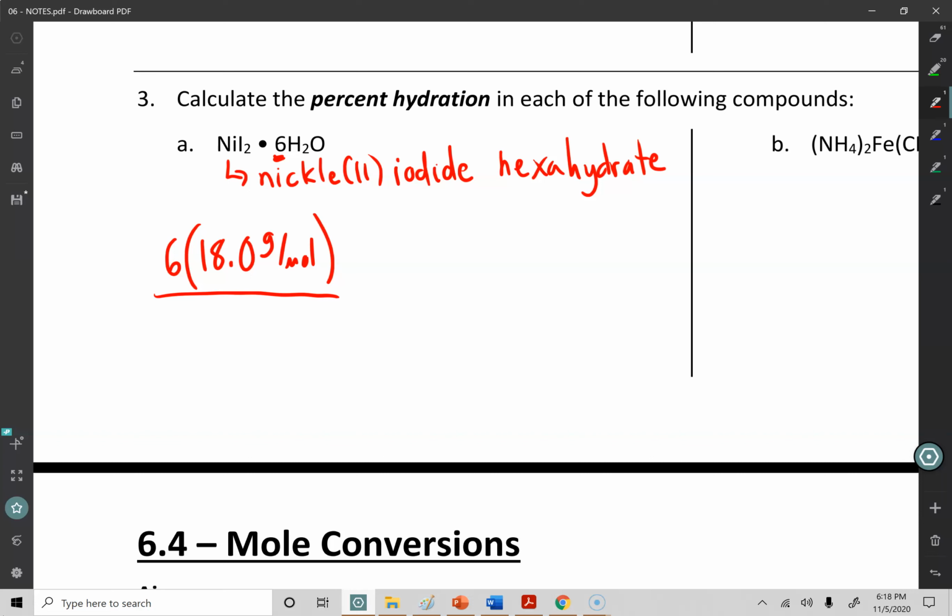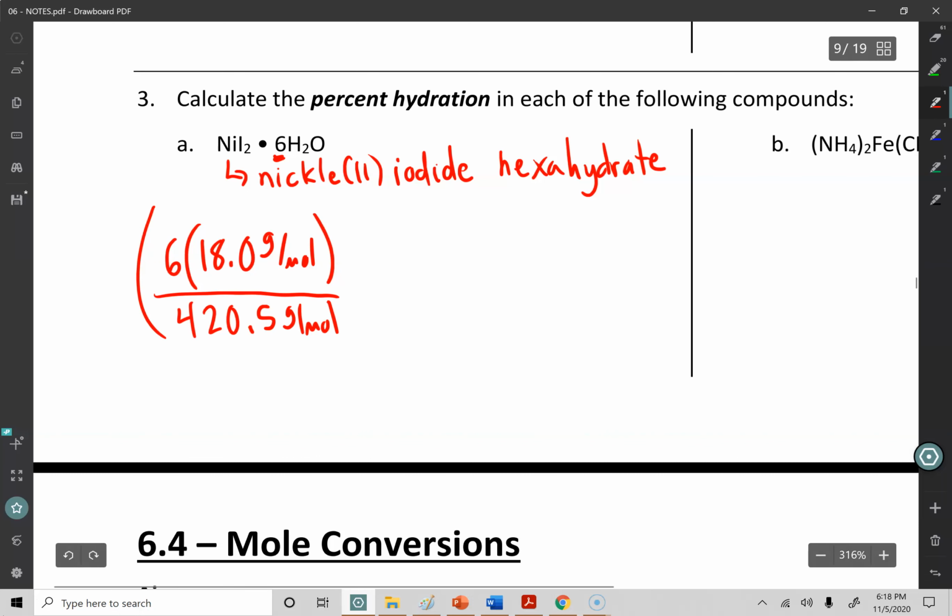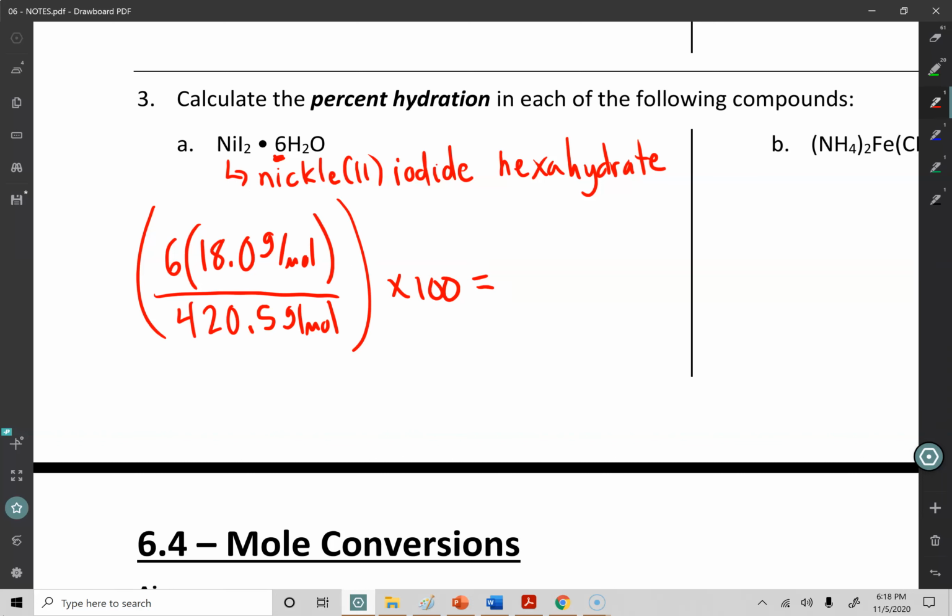Pause the video, calculate that mass. All right, I get about 420.5 grams per mole. If you round it to 420 or up to 421, to be perfectly honest, that doesn't really matter all that much. So I'll take that and I'll multiply it by 100 to find the percent hydration.